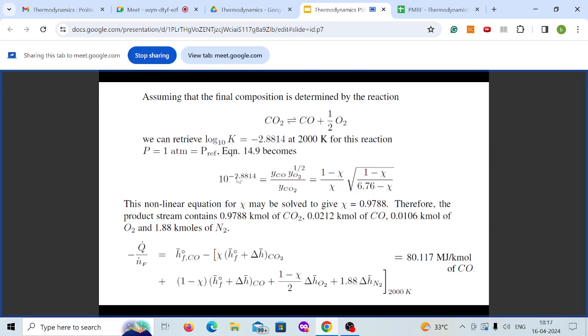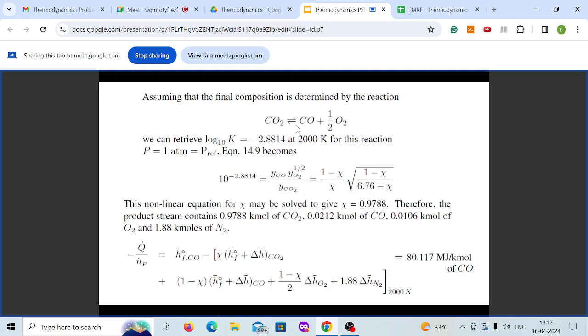This equals the mole fractions of the products raised to their coefficients divided by the reactants raised to their coefficients, the same expression. And since the pressure is equal to P reference, the pressure terms get cancelled out. It basically becomes 1, and 1 raised to any power is 1.